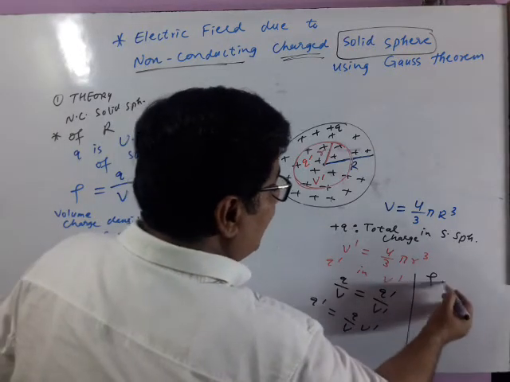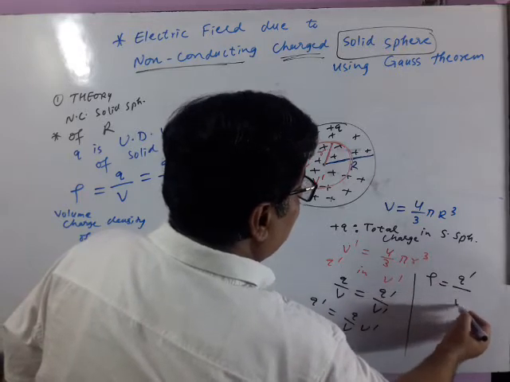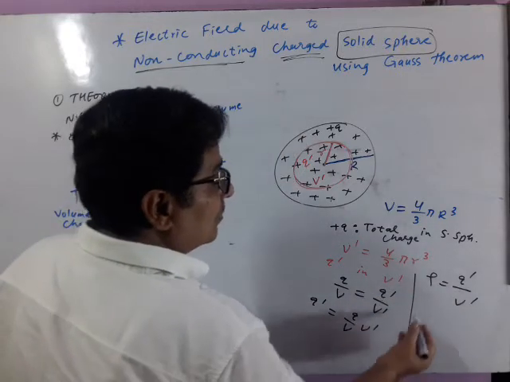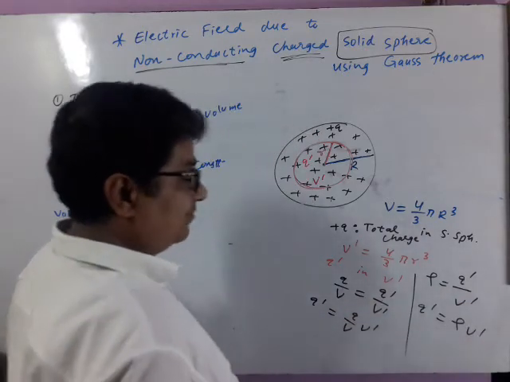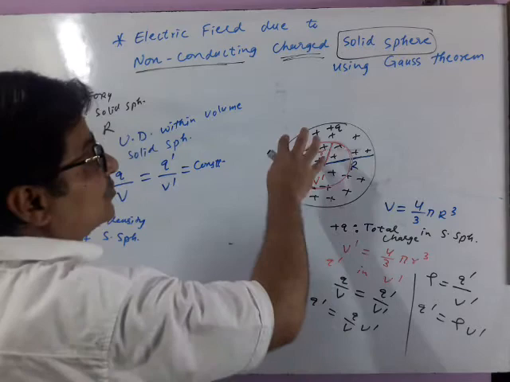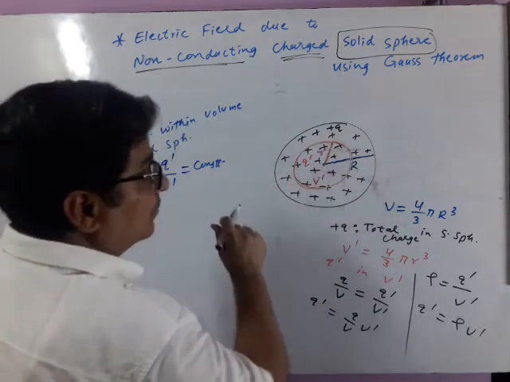Or volume charge density is Q dash by V dash, so you can find Q dash from here: rho into V dash.